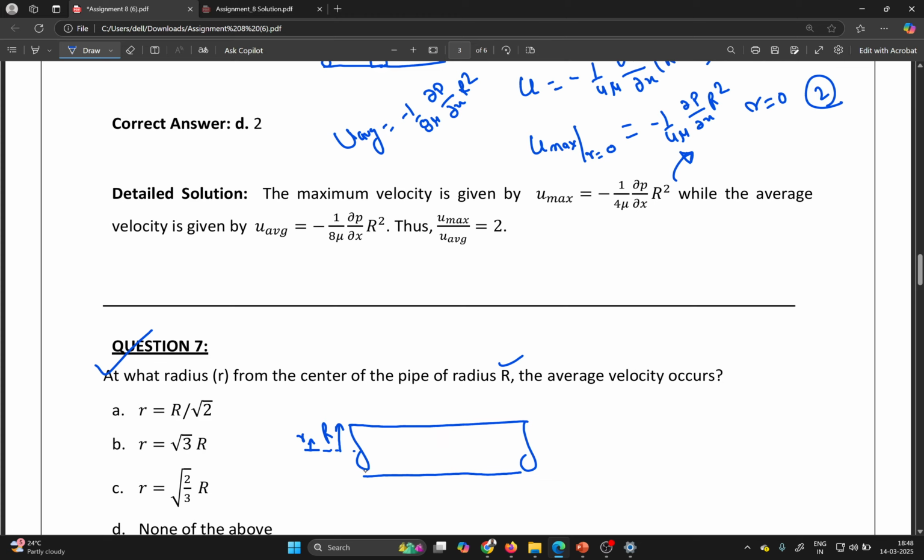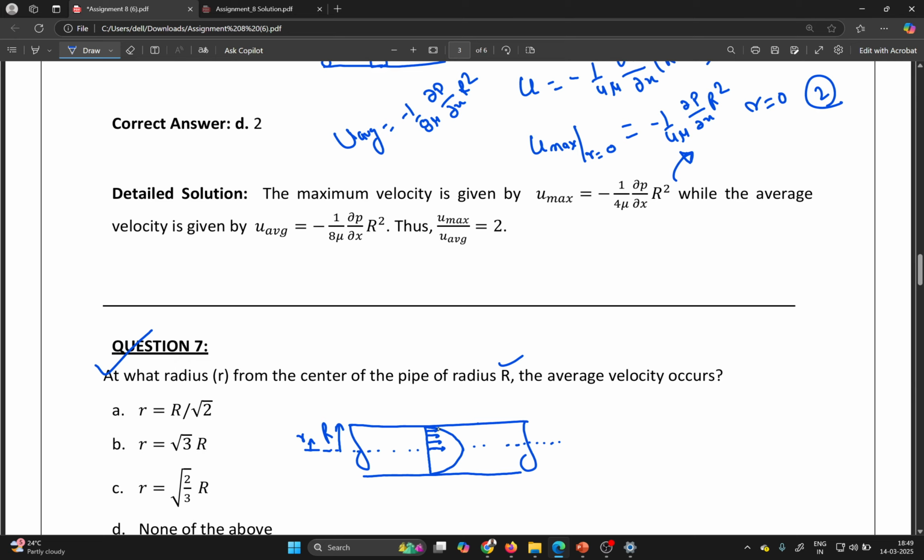And this is the midline of the pipe, and this is your velocity variation. The actual velocity variation is this for laminar flow. But after averaging, this value will be like that. Let us suppose after averaging you get this line here.